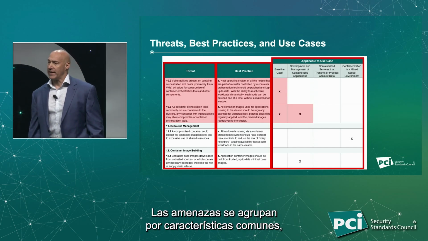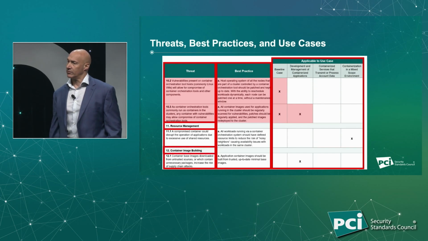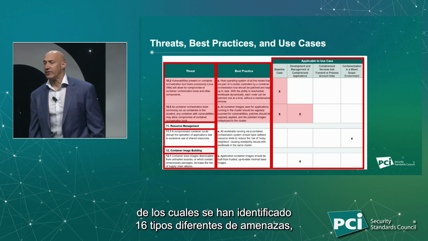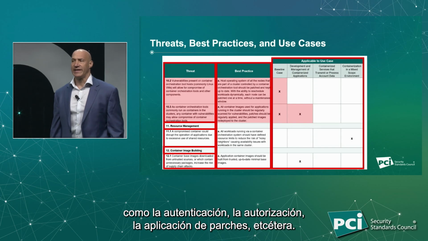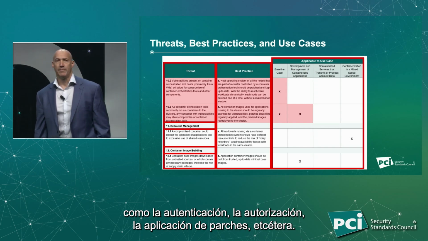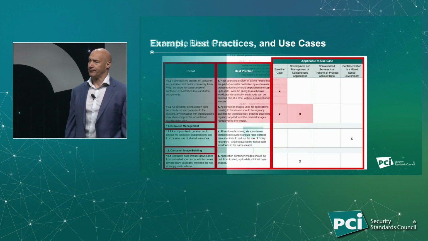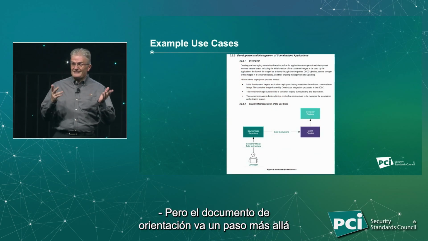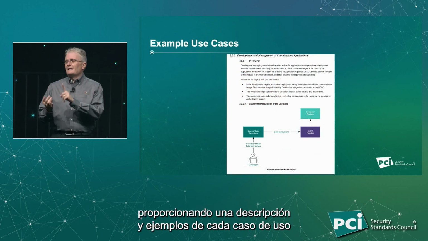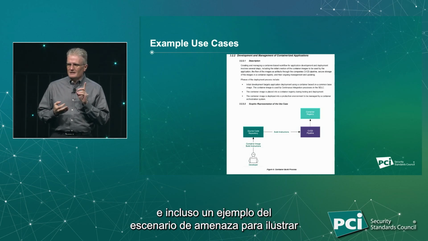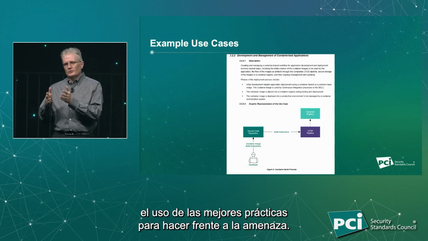The threats are grouped by common characteristics, of which 16 different threat types are identified, such as authentication, authorization, patching, etc. But the guidance document goes one step further to provide a description and examples of each use case, and even an example threat scenario to illustrate the use of the best practice to address the threat.